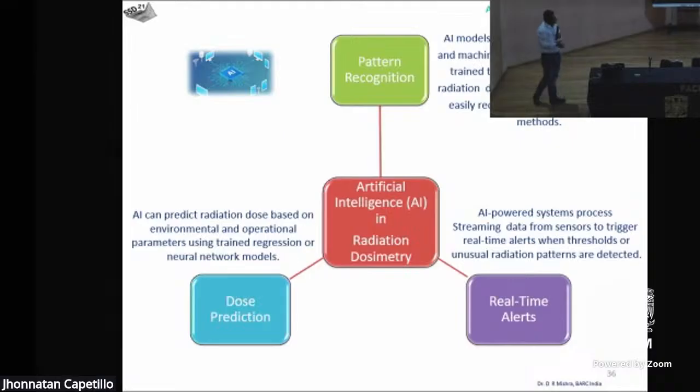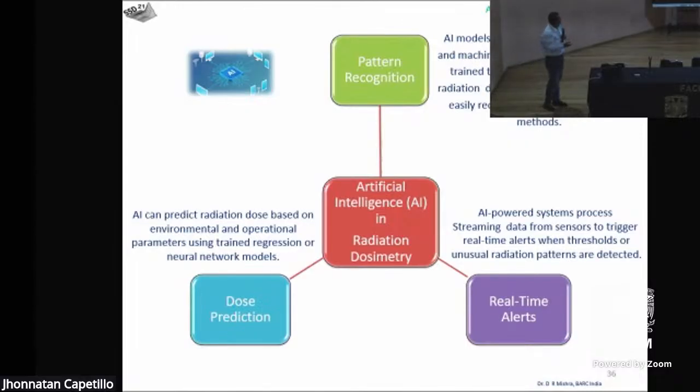Now, how will artificial intelligence help you in these things? First, pattern recognition. I'm getting a certain dose reported. Fine, my dosimeter is consistent. Is it really valid? Even though the dose is reported, is it really consistent with the scenario? Whether my dosimeter is reporting properly or not, or something is happening which I'm not understanding.